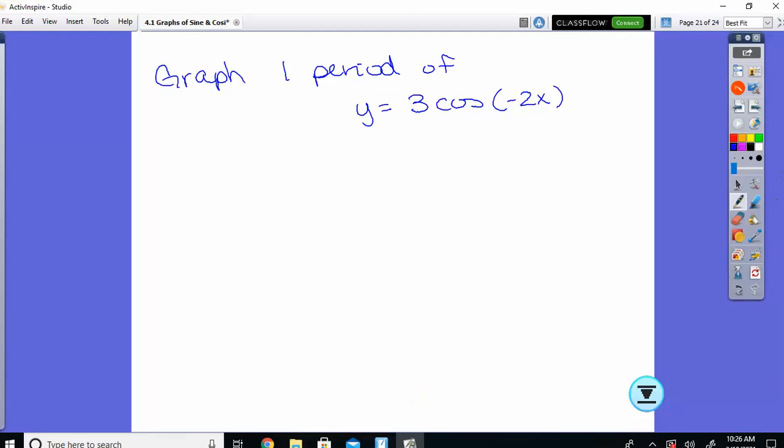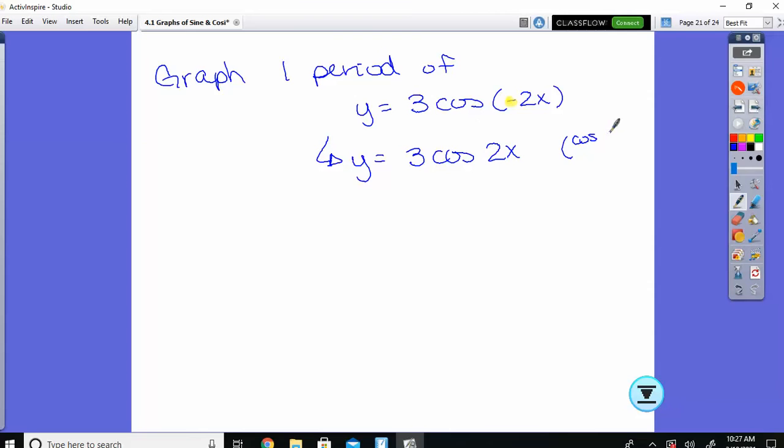Anytime there is a negative, we have to rewrite our problem without it. Is cosine even or odd? Cosine's even. Which means if you have a negative, what did we write down you can do? We wrote down cosine of negative x equals cosine of positive x. So all we have to do is 3 cosine of 2x.